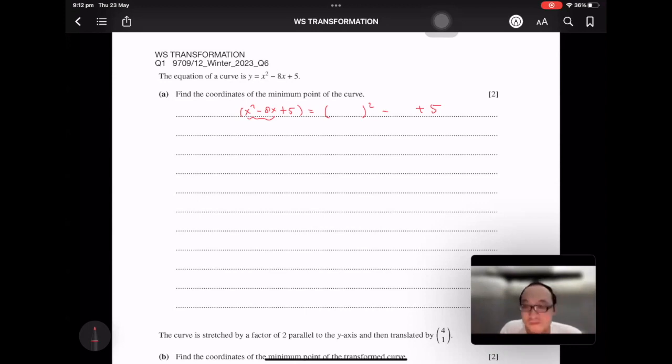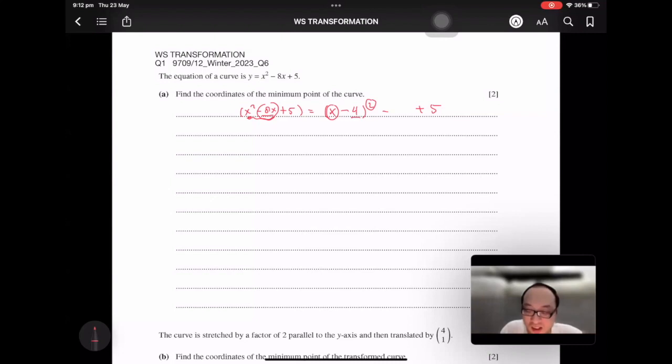From the first two terms, x squared will become x in here, and negative 8x divided by 2 and x is equal to negative 4.